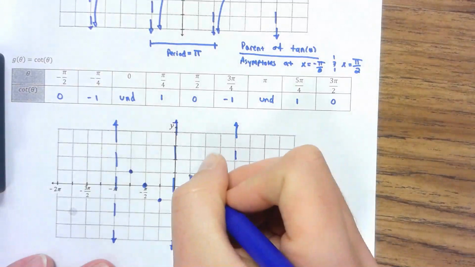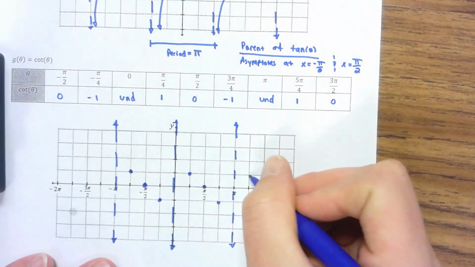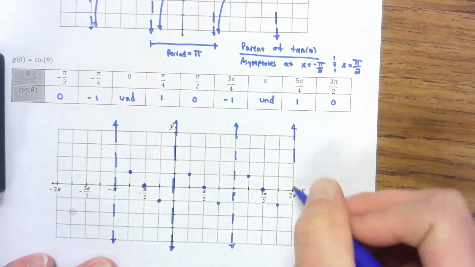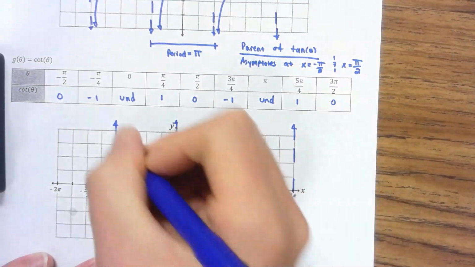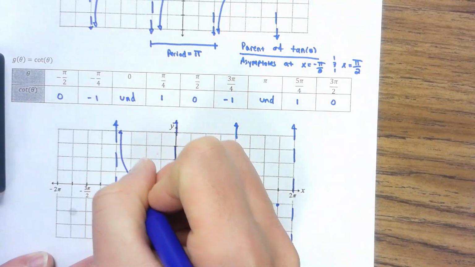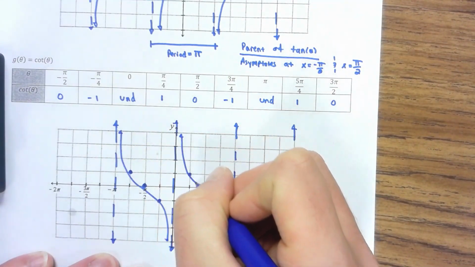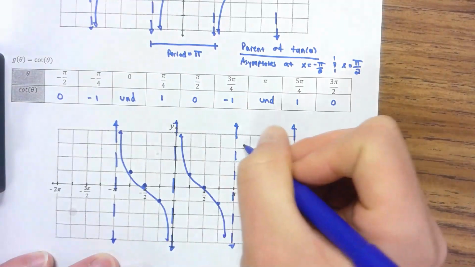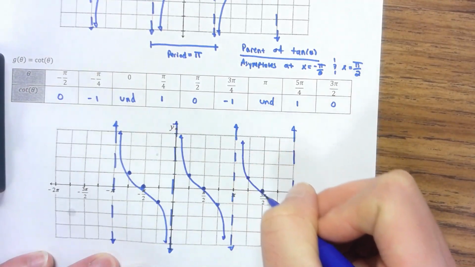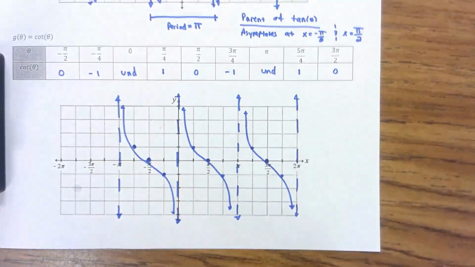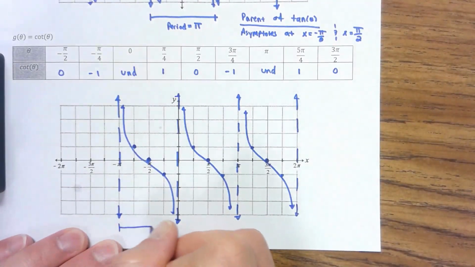So it's just the opposite, but it's going to have the same shape after we connect our dots. It still looks like a cubic function, but reflected across the y-axis. And even still, our period here is pi.